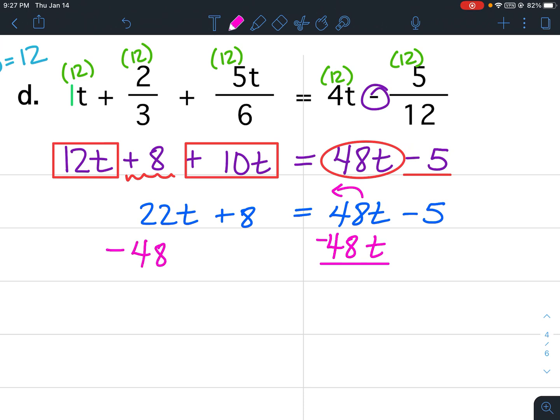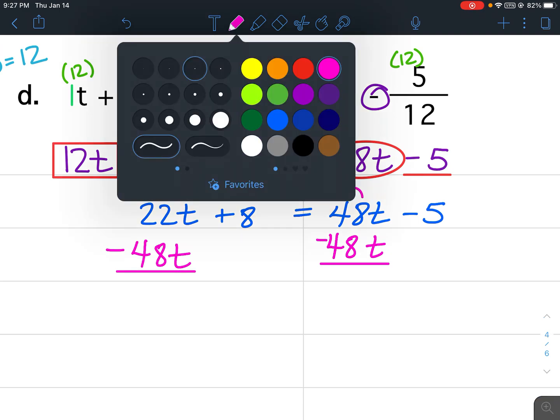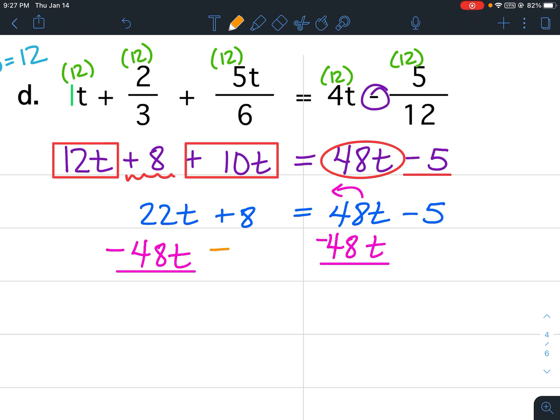What you do to one side, you have to do to the other side. Then the opposite of positive 8 is -8, or the inverse operation, however you want to look at it.